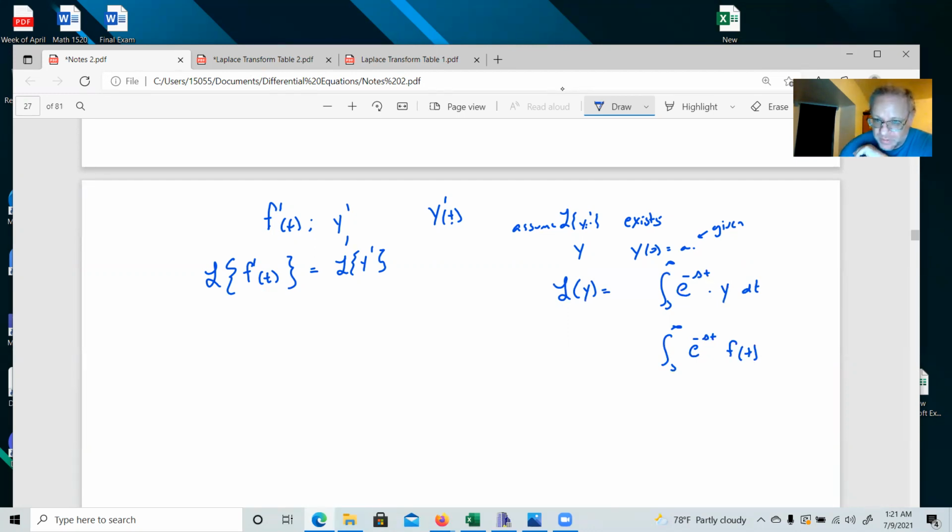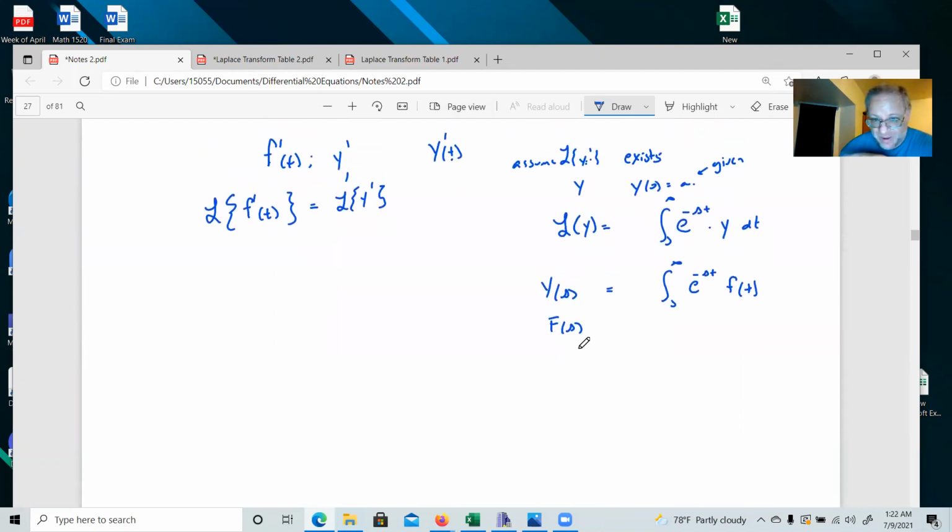We're going to say that the Laplace transform of this thing, which we don't know exactly, is what we're solving for. We're going to call it either Y of s or F of s. I guess you could just call it y, but generally that's how I write it.